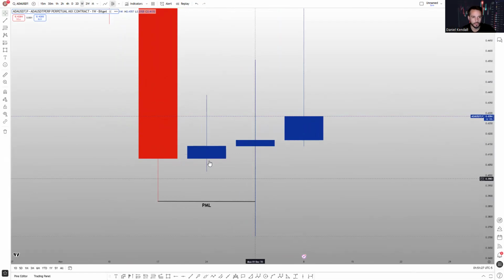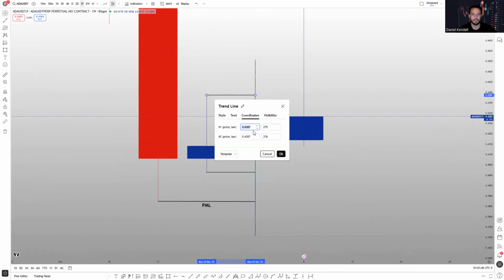So what I'm going to do here is mark off the weekly high and the weekly low. If I hover the cursor over it again, we've got the high 0.4388, not far off.